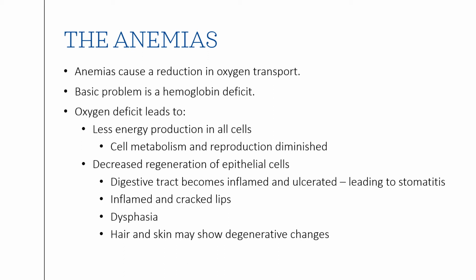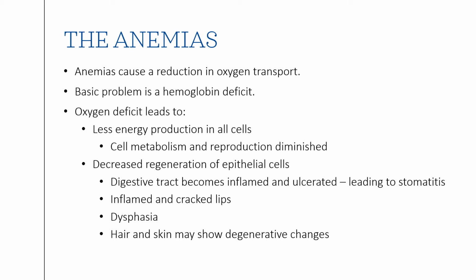I know people tend to think of stomach, stomo, but actually stomatitis is in the mouth. So you're going to start to have ulceration in the mouth. Inflamed and cracked lips, dysphagia, hair and skin may start to show degenerative changes.